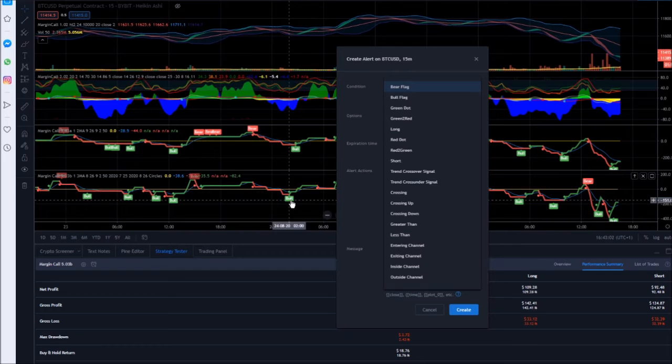basically that's the market going down. Blue line on top, market's going down. Blue line underneath, market's going up. So you can pick the trend cross under signal, so the trend would cross under the signal here, or trend cross over signal. So, let's find one. There, trend crossing over the signal.